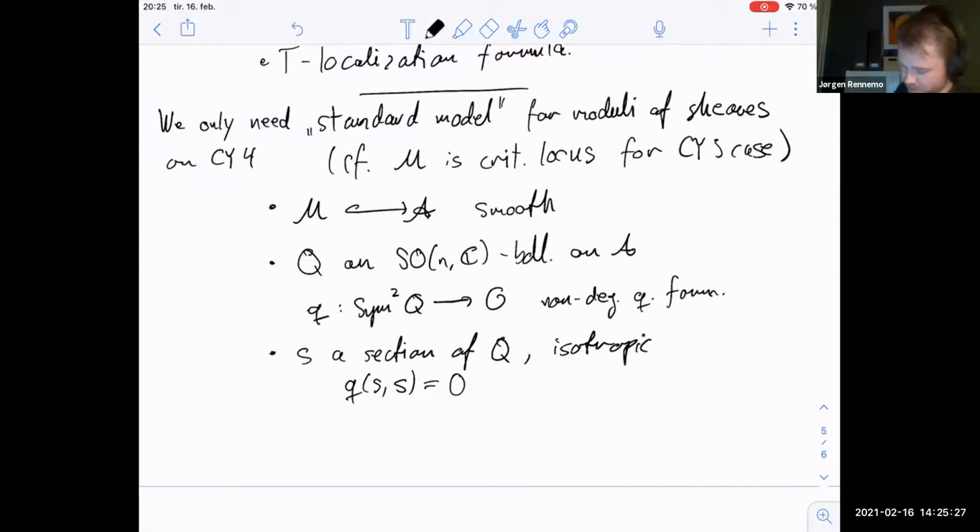With this package, the local model is that M is cut out by s. So instead of being a critical locus, M is cut out by an isotropic section of a quadratic bundle on something smooth.